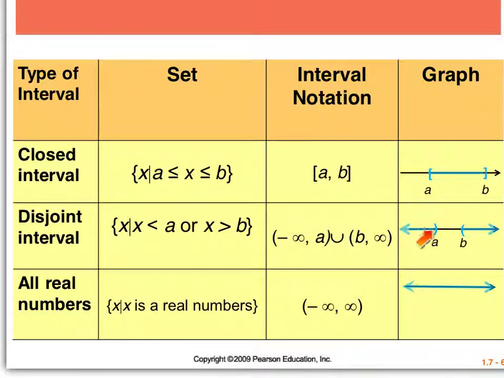So I want this part of the graph in union with this part of the graph as my solution. And also, if we get a solution that is all real numbers, meaning any number we put in for x would be a solution to our inequality, then that goes from negative infinity to infinity as an interval notation, and the graph would be the entire number line.